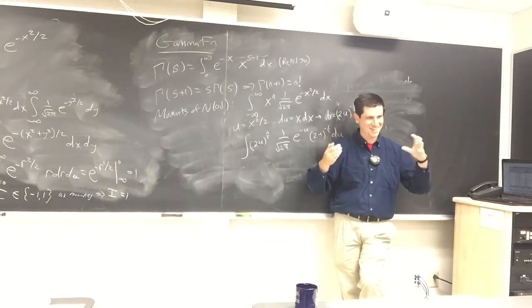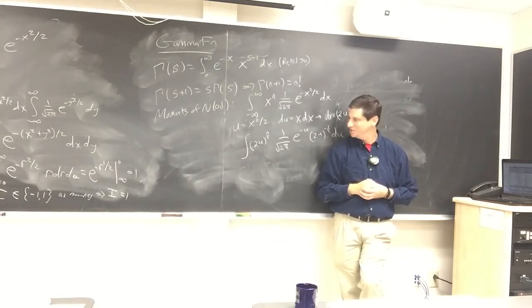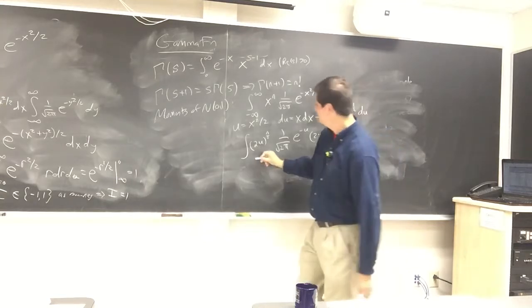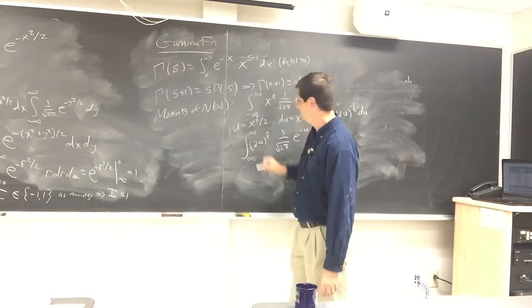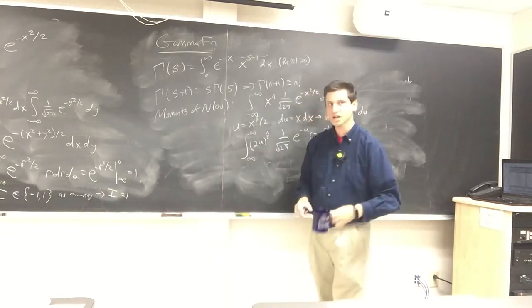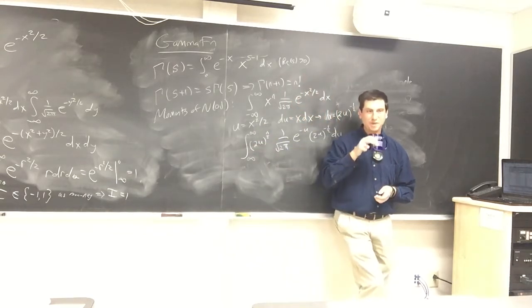The limits of integration. So what are the limits of integration? Negative infinity squared divided by 2. Okay, what's negative infinity squared divided by 2? Yes, infinity. So I'm integrating from infinity to infinity. Ugh. All right, this is bad.